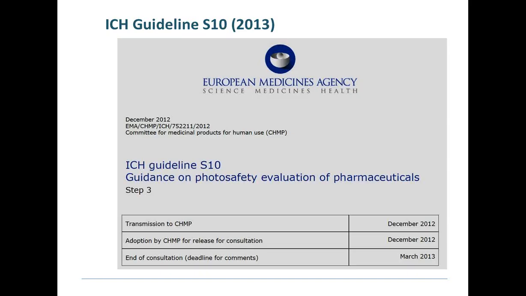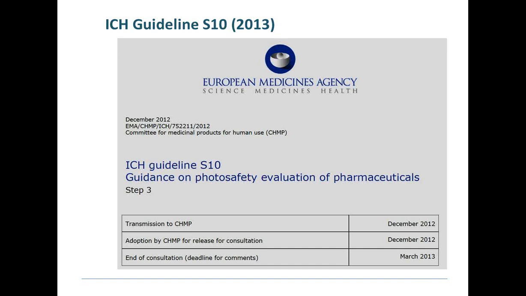This is the ICH guidance document, as you can download it from the EMA website currently. On the ICH website there's the step 2 version, but we are already in step 3, as you see on the bottom. March 2013 was the end of consultation.